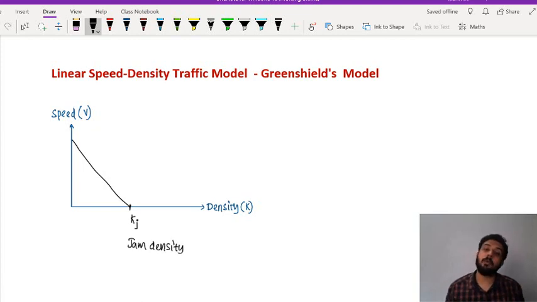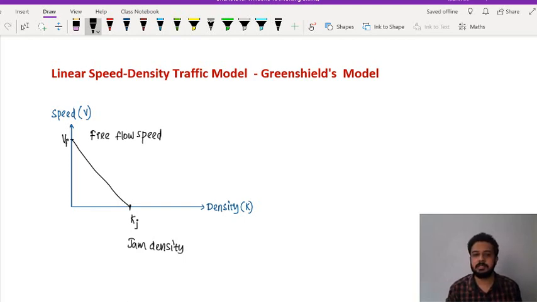This is the maximum value of density, when we are getting the maximum number of vehicles per kilometer during a traffic jam. That's why we are calling it jam density. This value, which is the maximum possible speed on the road, we call it free flow speed. Free flow speed. That's why it has been represented as Vf.